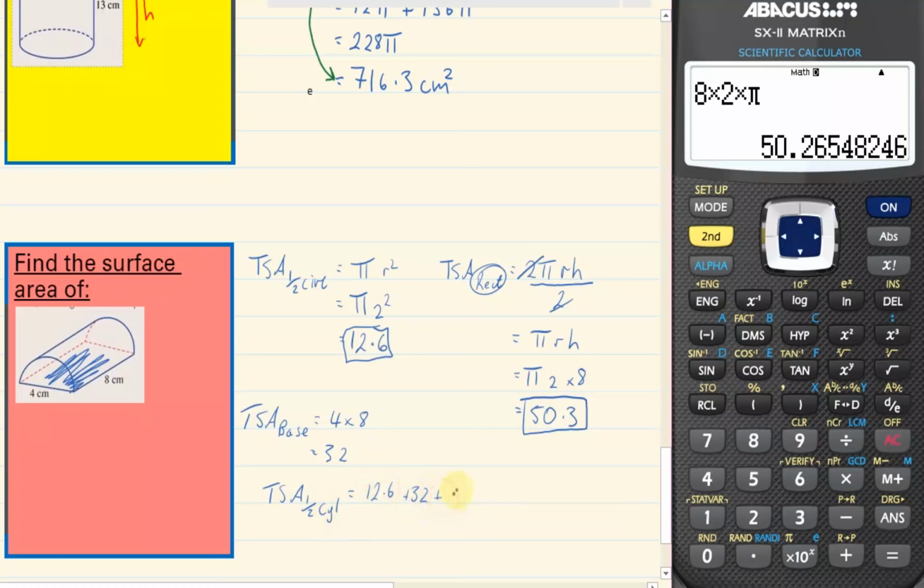So we got 12.6 plus 32 plus 50.3. And we can do that in our head, can we? So we got 82, and that gives us 94.9 centimeters squared.